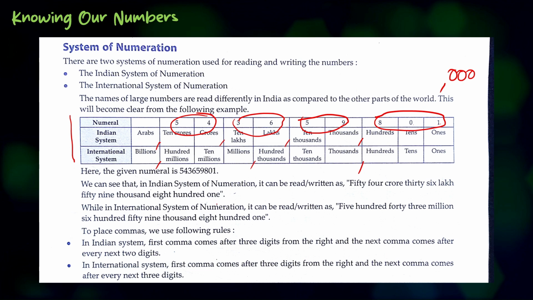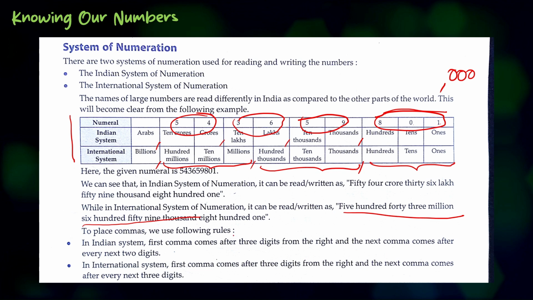But in the international system, we call it 543 million, 659,801. This is how they read and write the numbers.